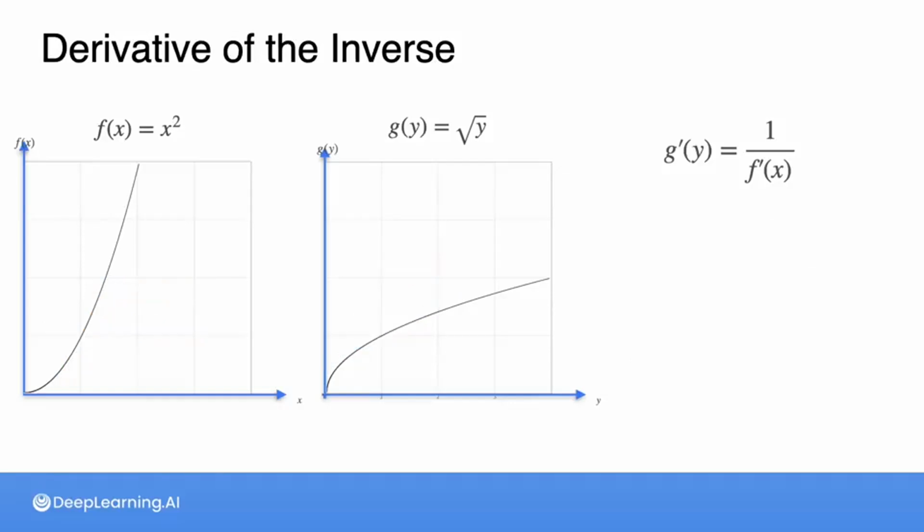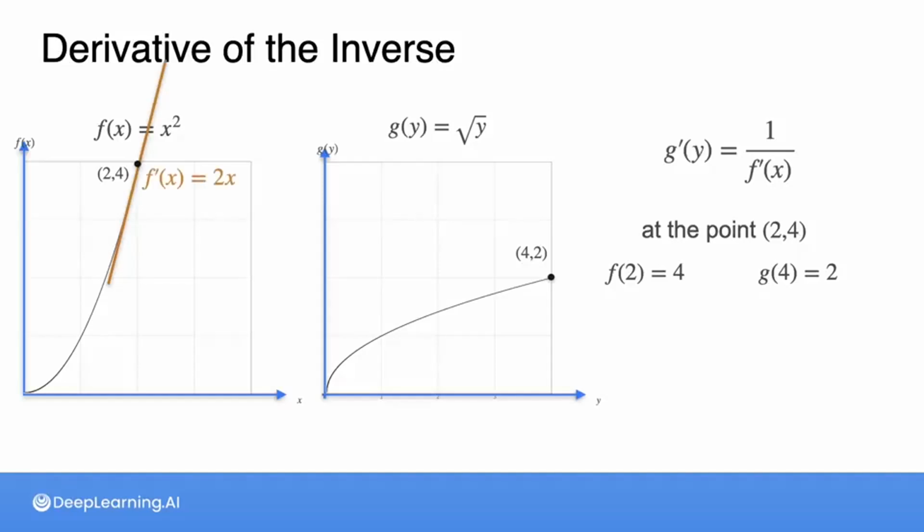Now let's do another example, the point (2, 4). On the left, we have the point (2, 4), and on the right, we have the point (4, 2), because f(2) is 4 and g(4) is 2. Now the slope on the left: since the derivative f prime of x is 2x, then f prime of 2 is 4, which is 2 times 2. So what do you think this slope is going to be?